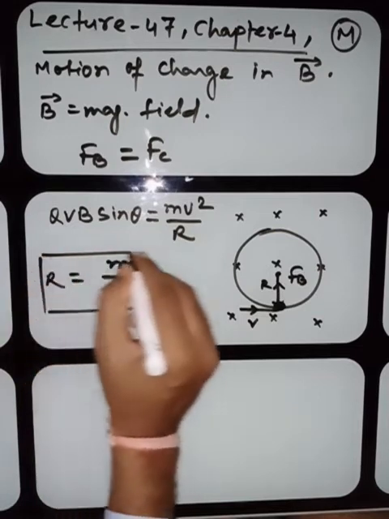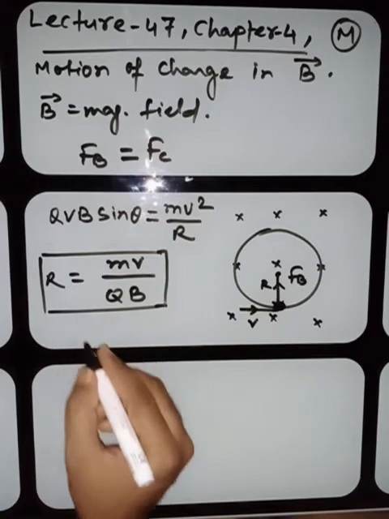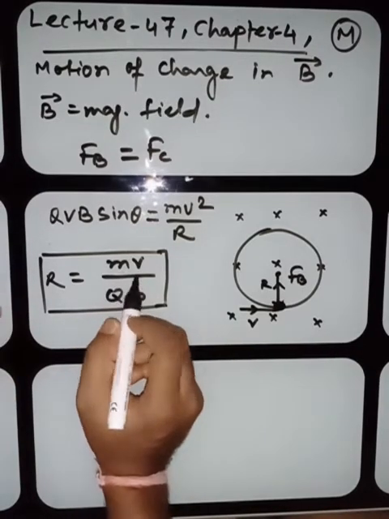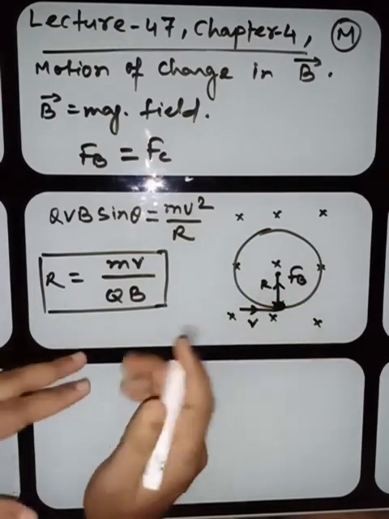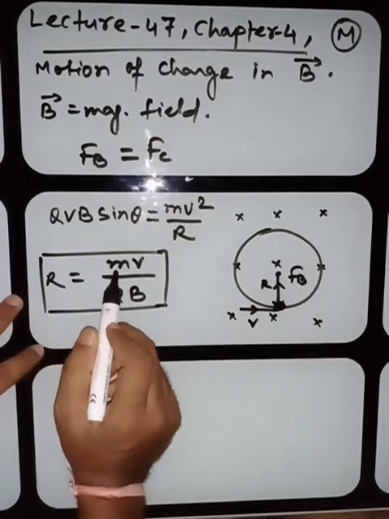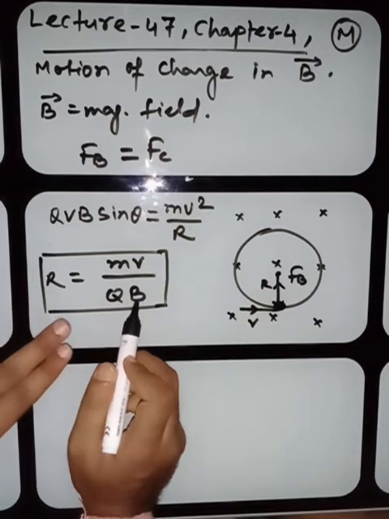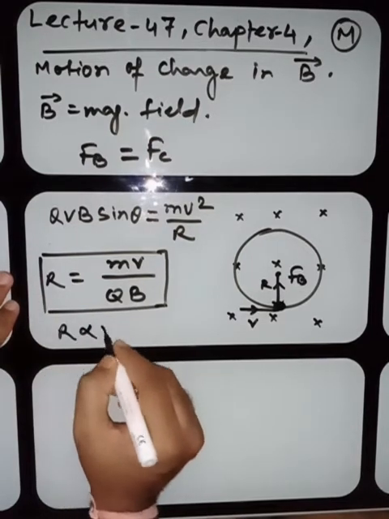This is the radius, and remember, if a number of charged particles are projected inside this particular magnetic field with the same mass, the same charge and the same magnetic field, then the radius will depend upon the velocity.